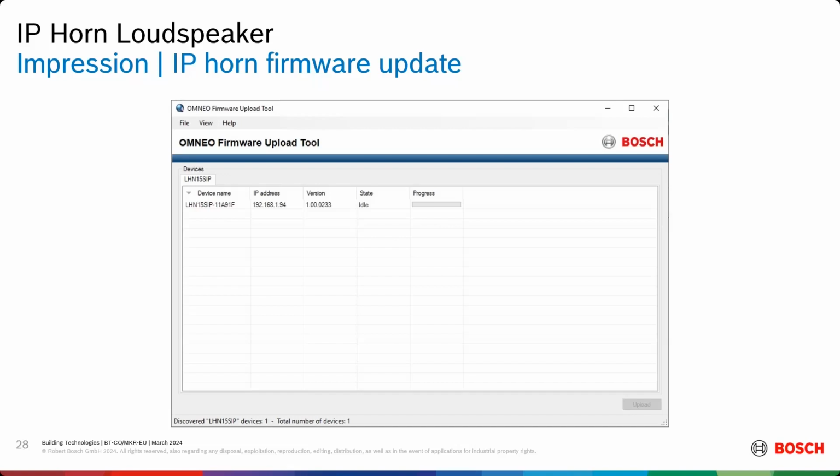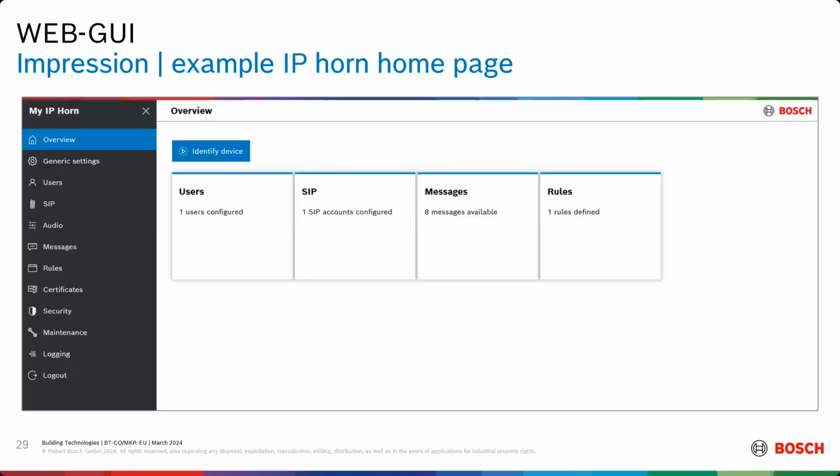And then you log on with the web browser using the IP address or the host name. So the configuration of the loudspeaker and the module is done via web-based GUI. You just need to open a browser and enter the IP address or the host name of the device.